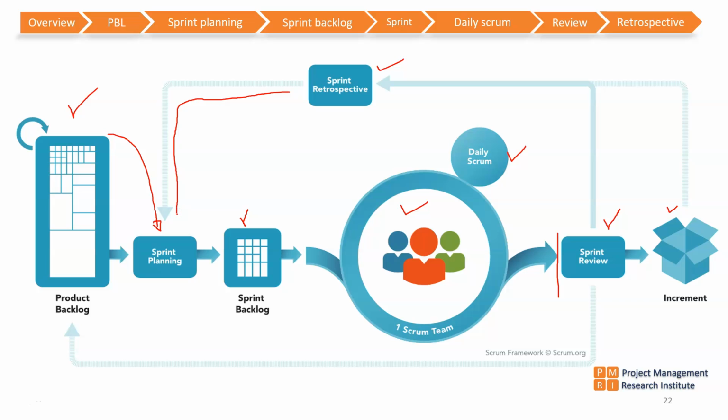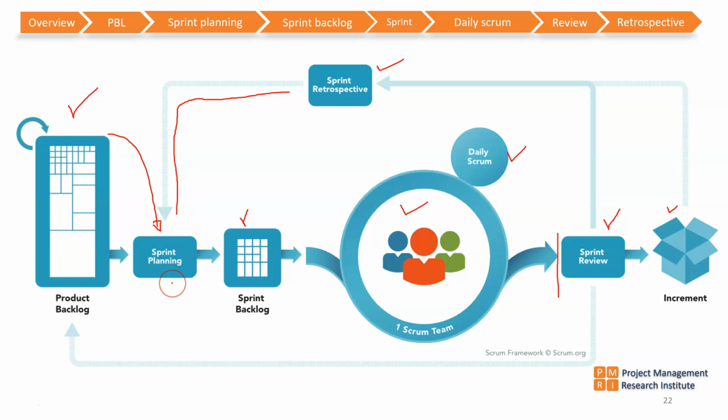So the framework is very simple, straightforward, and it is applicable across project domains. Software, it is a right fit, and even in EPC projects, these things can be used along with the traditional project management systems.